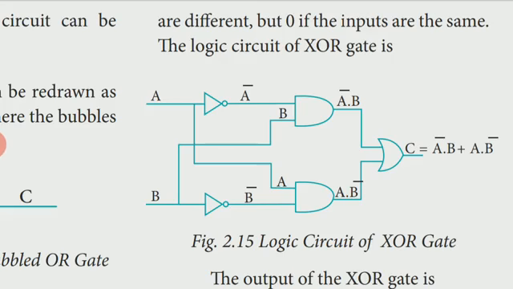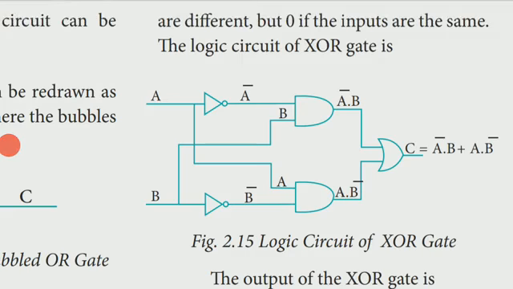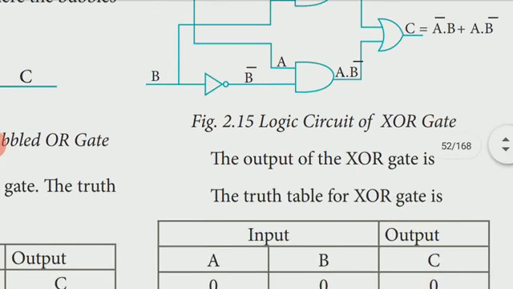Here they joined using the AND gate. So you got A dot B complement. These 2 circuits they added using the OR gate. So the answer becomes A complement dot B plus A dot B complement. So this is the output.